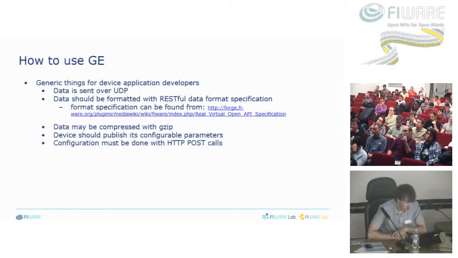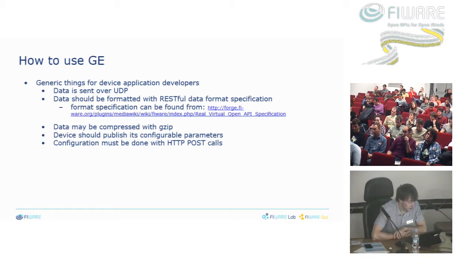So this GE is used to send the data from devices to this server, and then broadcast it to any client that is connected. There are some additional features like optional compression and some configuration parameters that might be published.